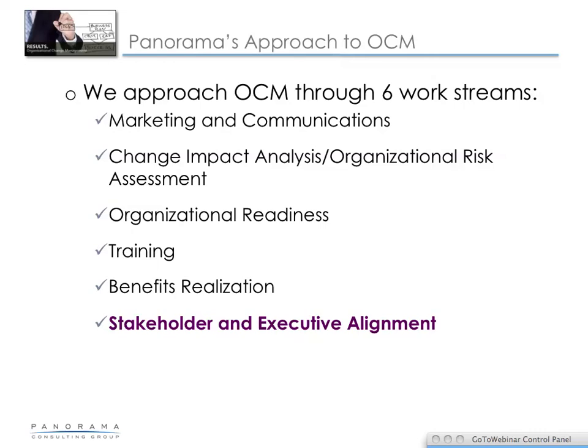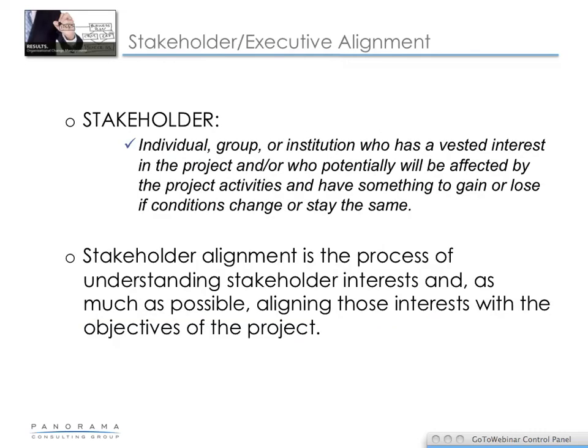And the last one is our stakeholder and executive alignment. Stakeholder, just exactly what is a stakeholder? It's any individual, group, or institution who has a vested interest in the project and or who potentially will be affected by the project's activities and have something to gain or lose if conditions change or stay the same. If you think about that, that involves a lot of individuals.